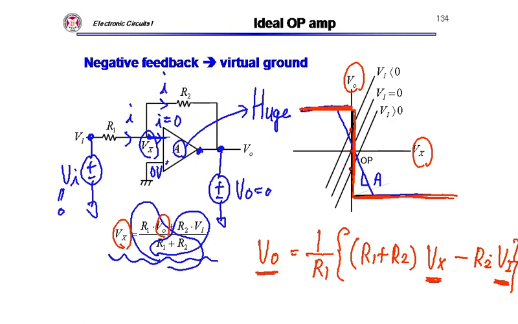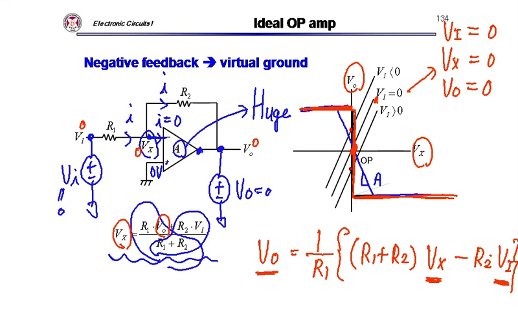If Vi equals 0, I will get this curve. So the operating point is here. In this case, my Vx equals 0, and also my Vo equals 0, okay? When Vi equals 0, this is 0, this is 0, this is 0. No problem.